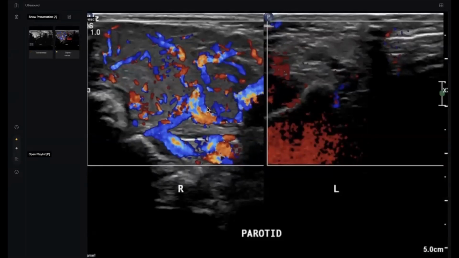Is it the parotid gland? The parotid gland is shown and is showing significantly increased vascularity. So, in a child with a swelling and increased vascularity, the first possibility is acute viral parotitis. What else? The patient didn't have any fever. What else?